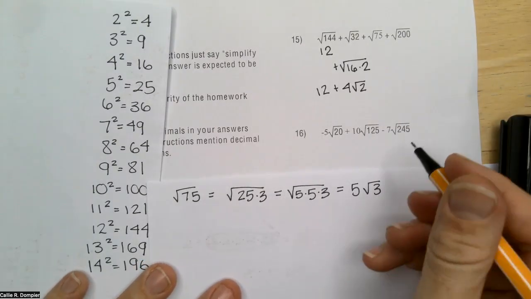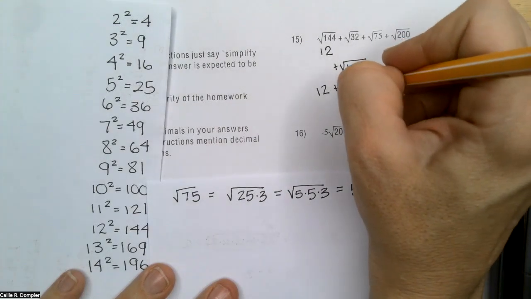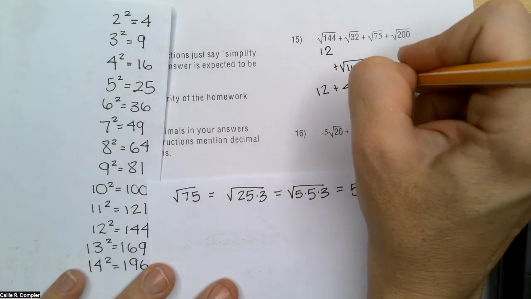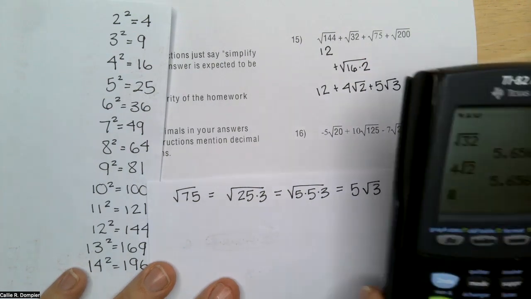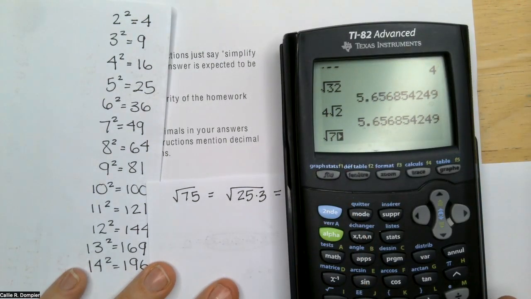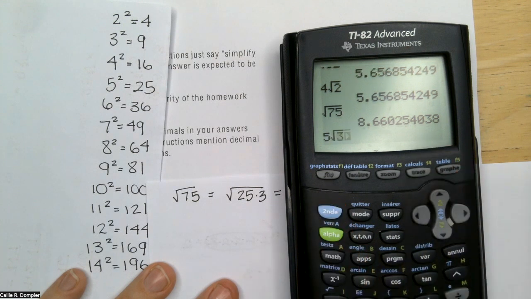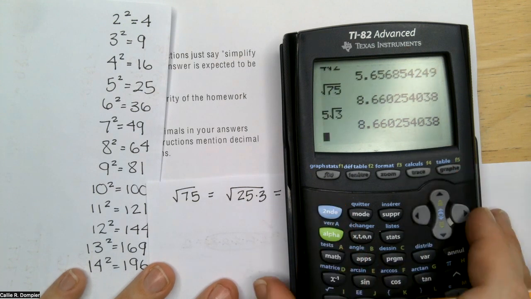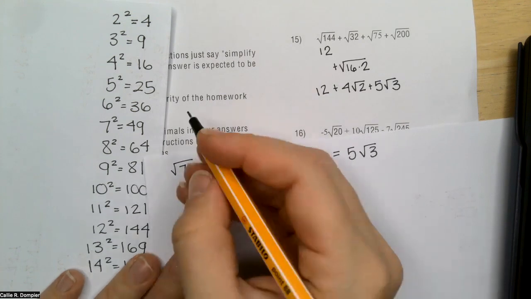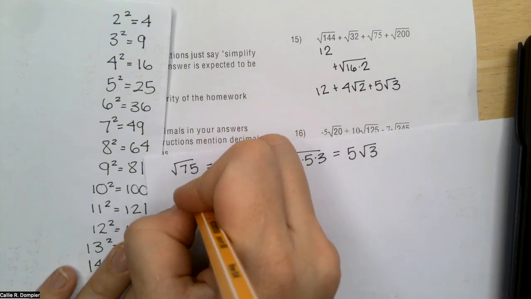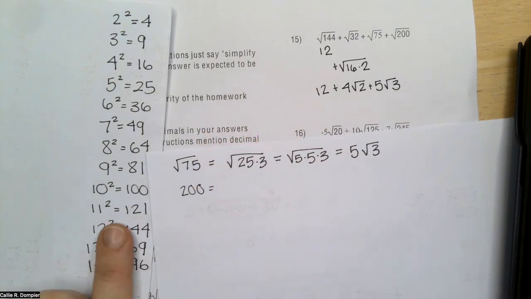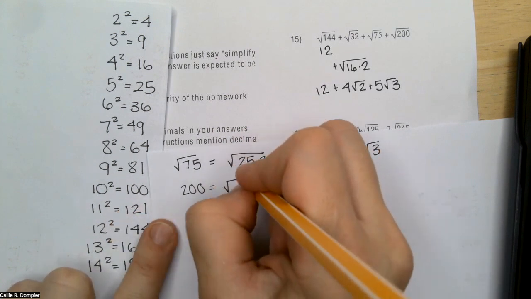5 square root of 3 for the 75. Square root of 75, 5 square root of 3, exact same number. Good. And then we have 200. 200 is a good one because it's 100 times 2.